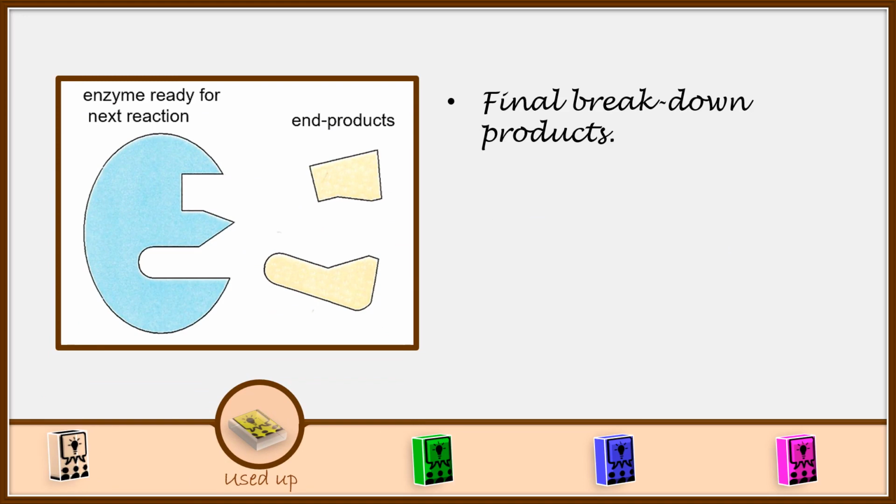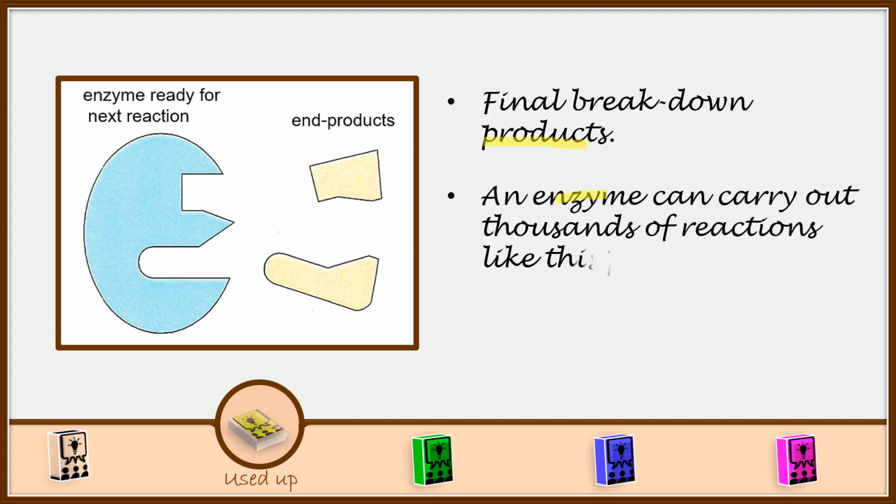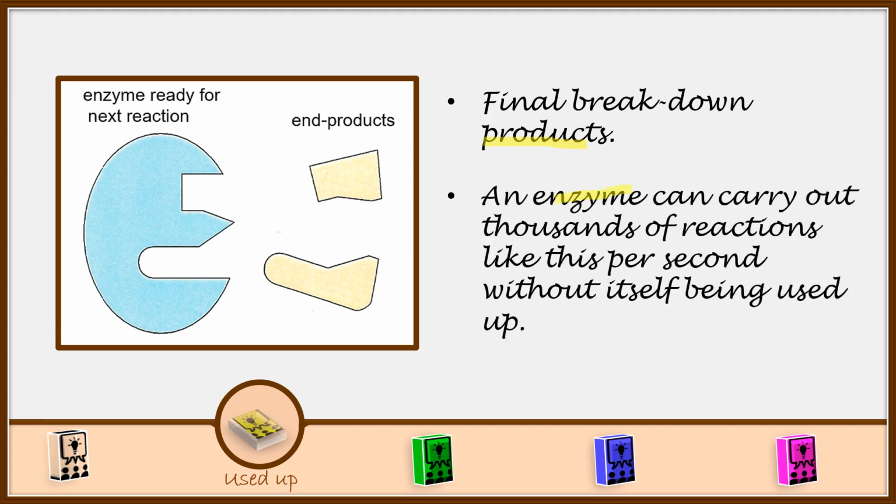The final breakdown products. Here you can see that the enzyme can carry out thousands of reactions like this one in a second without itself being used up. So we end up getting our end products.